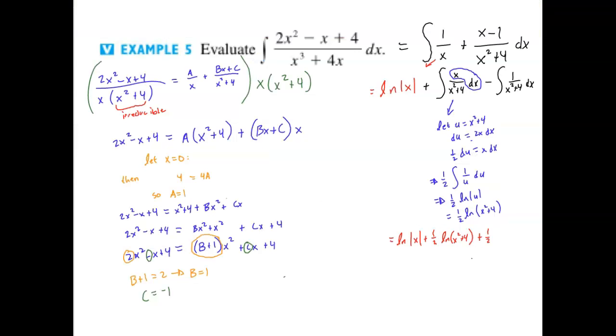Plus 1 over 2 inverse tan of x over 2 plus c. Good? All right, give me a green check when you're done with that one.